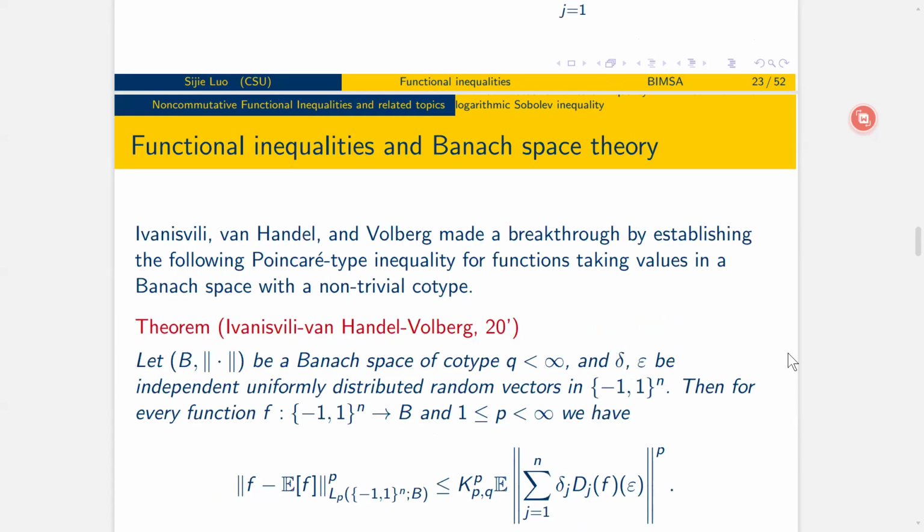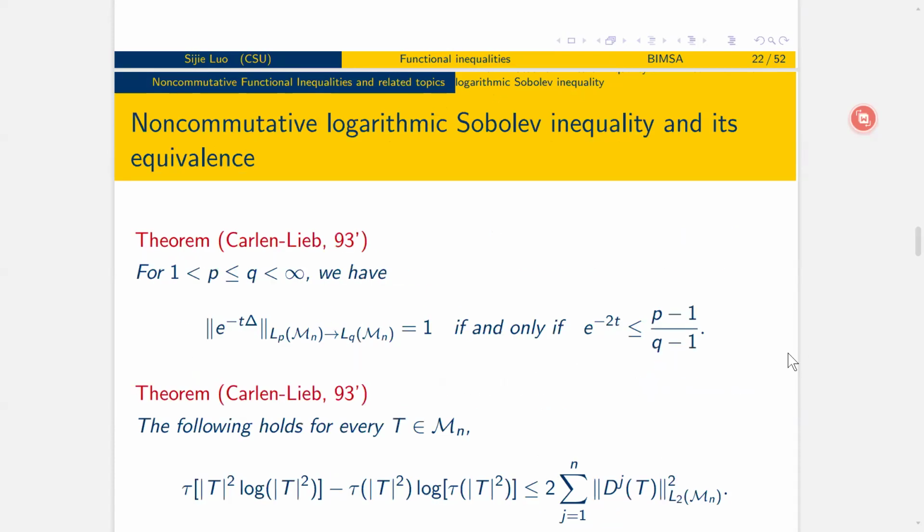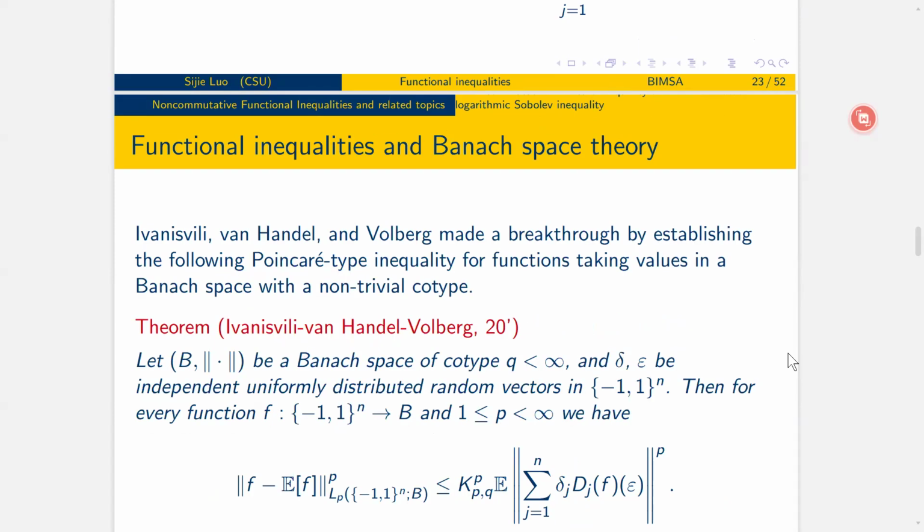Okay. And here is the story on functional inequalities of the non-commutative setting, but there is something I should mention here. I think it's very interesting because, when I was a postdoc here, I worked on concentration inequalities for Banach space valued random variables. And there was a breakthrough made by Ivanisvili, van Handel and Volberg.